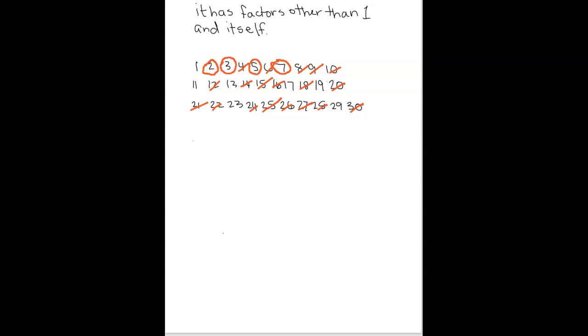All right, so now we've got 11. 11 doesn't factor to anything other than 1 and itself, so 22 would be gone, and any multiples of that. 13, there's nothing else other than 13 and 1, so that would give us a 26 that's gone. 17, that's also prime. 19, that's a prime. 23 is a prime.